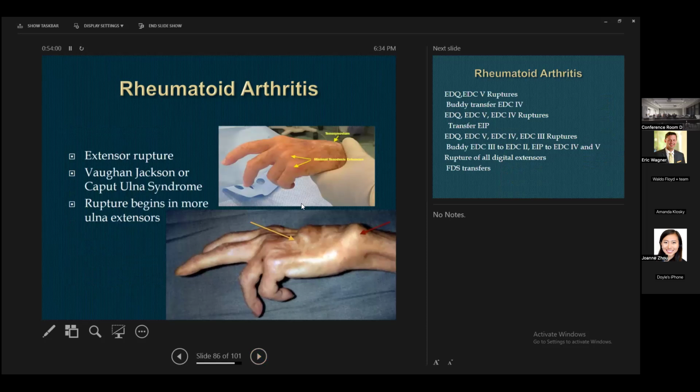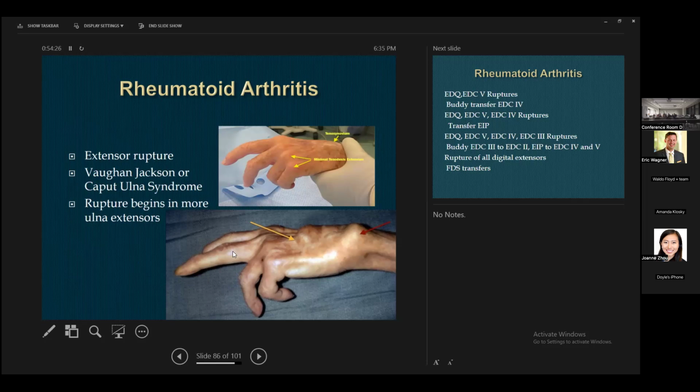Now the Vaughan-Jackson or caput ulnae syndrome, y'all know about this. It's arthritic changes at the DRUJ, beginning in the more ulnar extensors. I had a lady come in last week and she looked like this, okay? She never had been diagnosed with rheumatoid arthritis. Her wrist didn't look that bad.